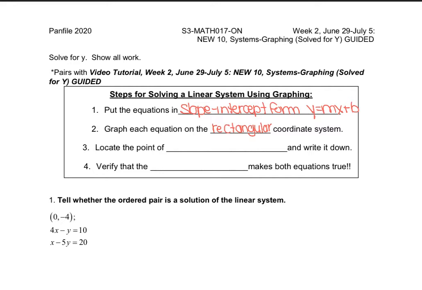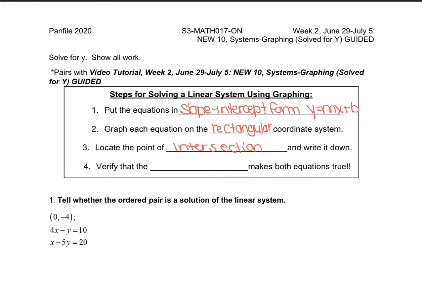Then we want to locate the point of intersection, where the two lines meet, and write it down.